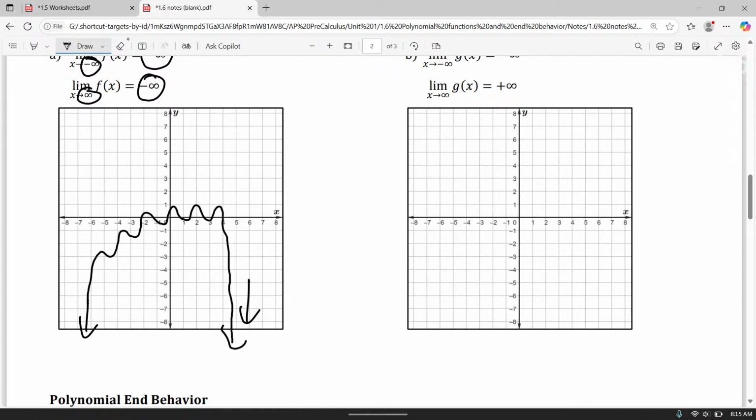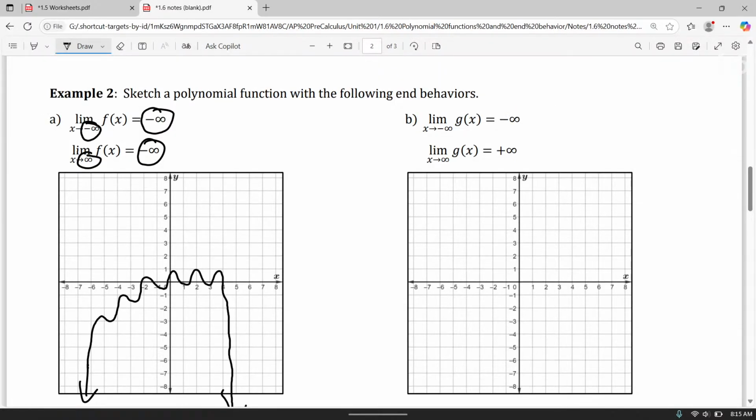Beautiful. Negative infinity is negative infinity. Positive infinity is positive infinity. We'll make that one easy.